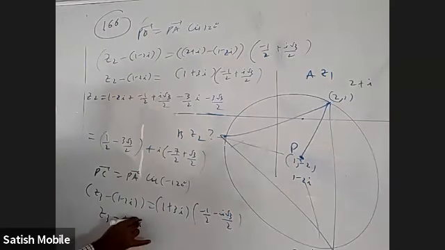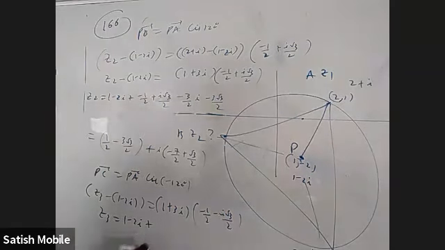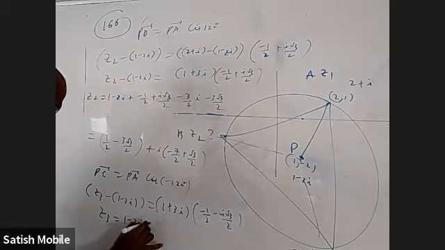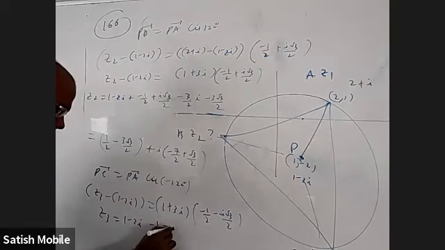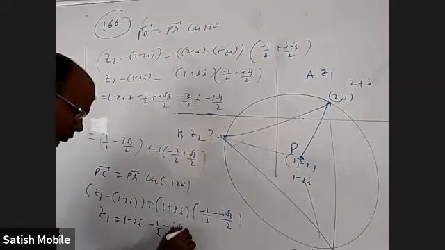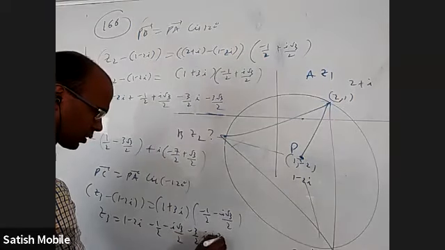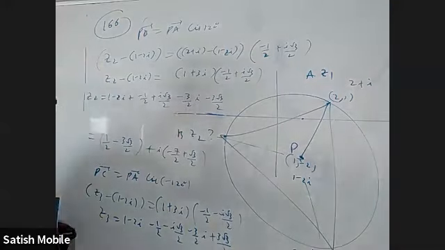Z3 into 1 minus 2I plus, when I multiply with this, minus of minus I root 3 by 2 minus 3 by 2I plus 3 root 3 by 2.